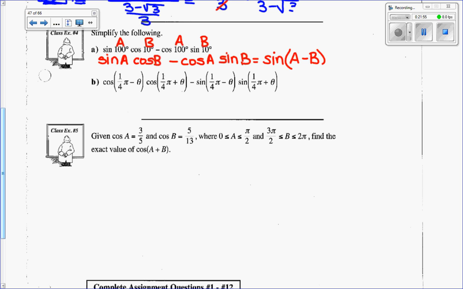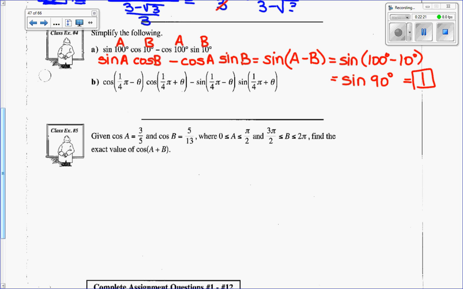Well, if that's the case, and we know what our A and B is, let's just plug them in there. What was A? 100. So that's the sine of 100 minus 10. So really, that's asking for the sine of what? 90 degrees, which we can find on our unit circle. The sine of 90 degrees is 1.